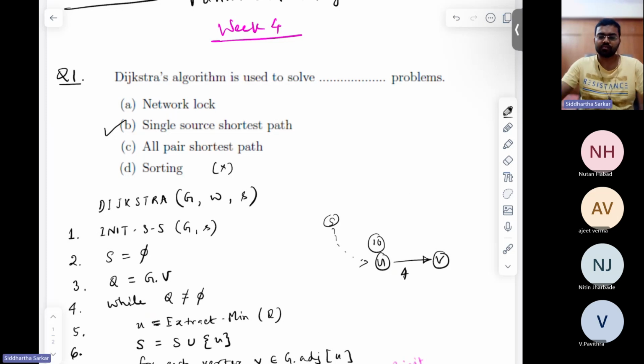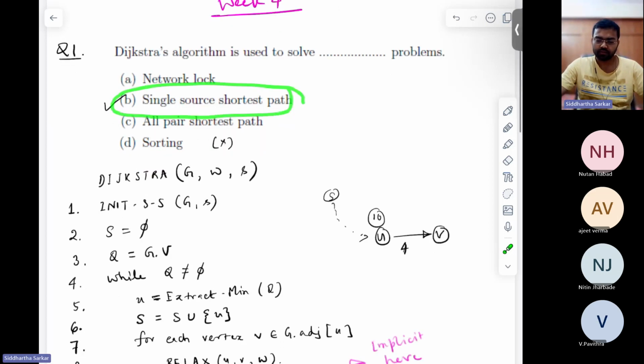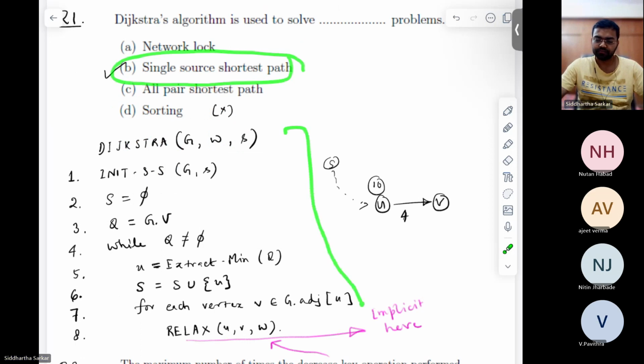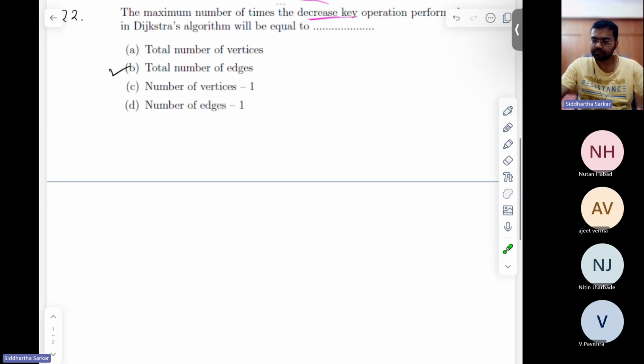Here we were basically asking what is the use of Dijkstra's algorithm, for what problem we use it. And we said that it's a single source shortest path problem, and we also looked at the pseudocode. Fine. So let's move to the next question.